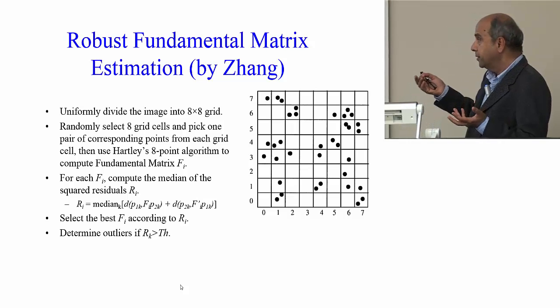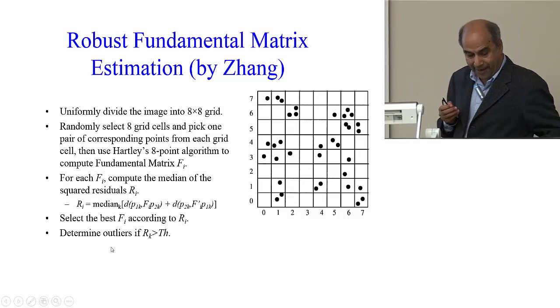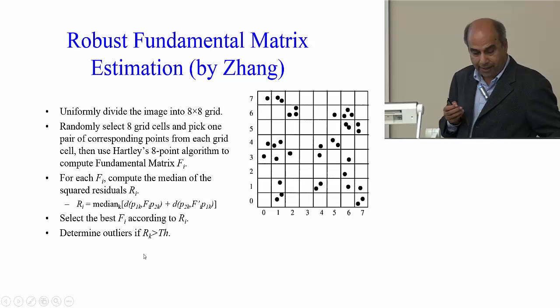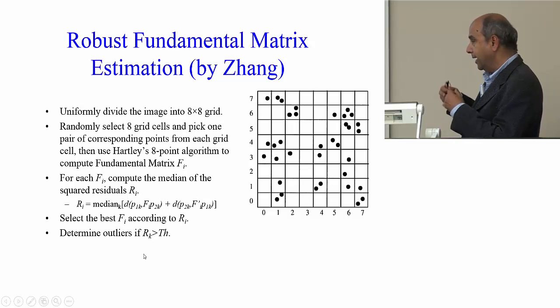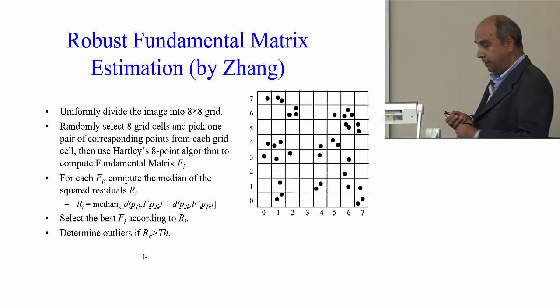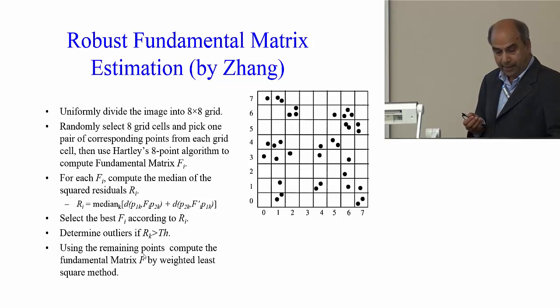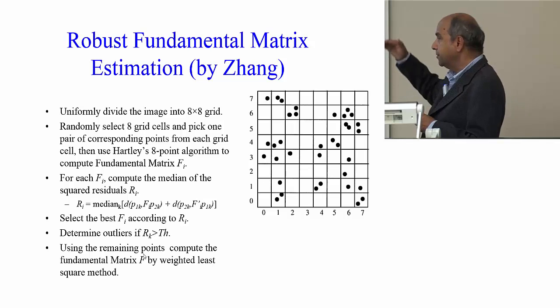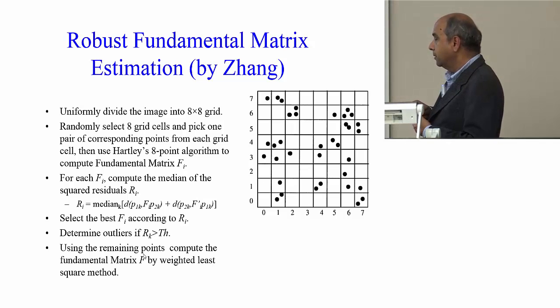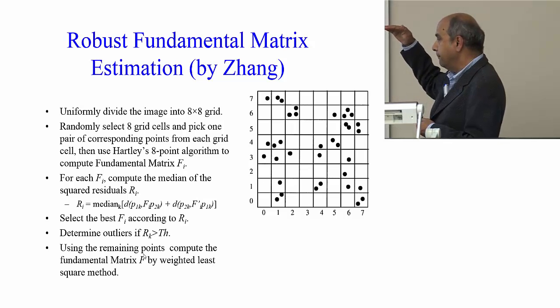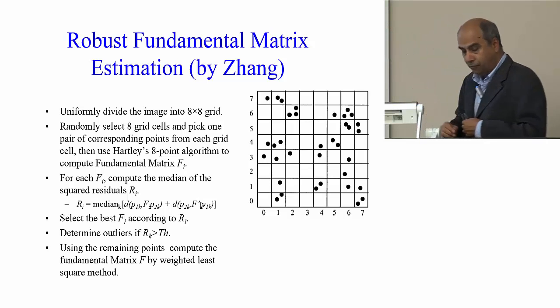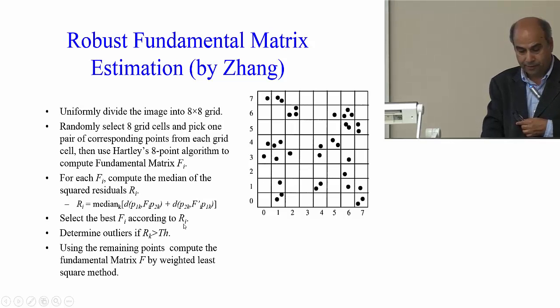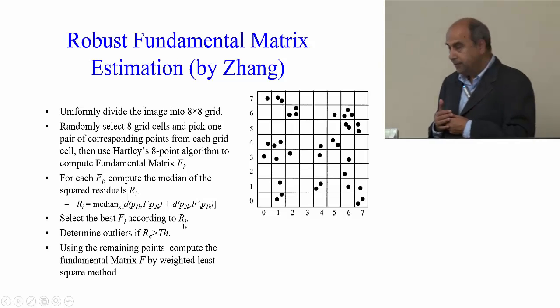If some fundamental matrices have very large error, then that will give you the outliers, and you can get rid of those. Now you have selected from these many different fundamental matrices the best, which has the least error.